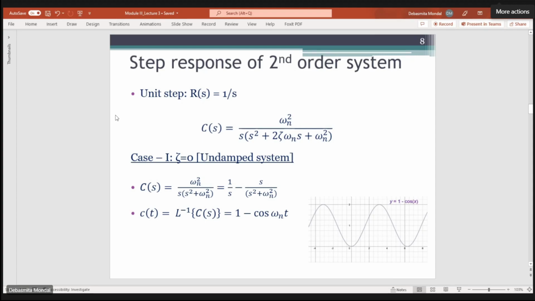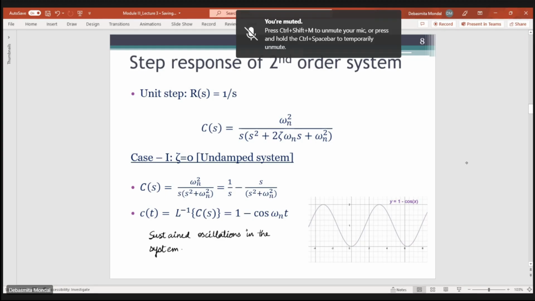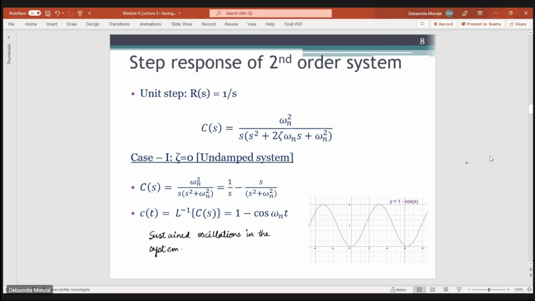From this equation you can see that there is a cos term, so there will be sustained oscillations in the system in the absence of any damping, with constant amplitude.